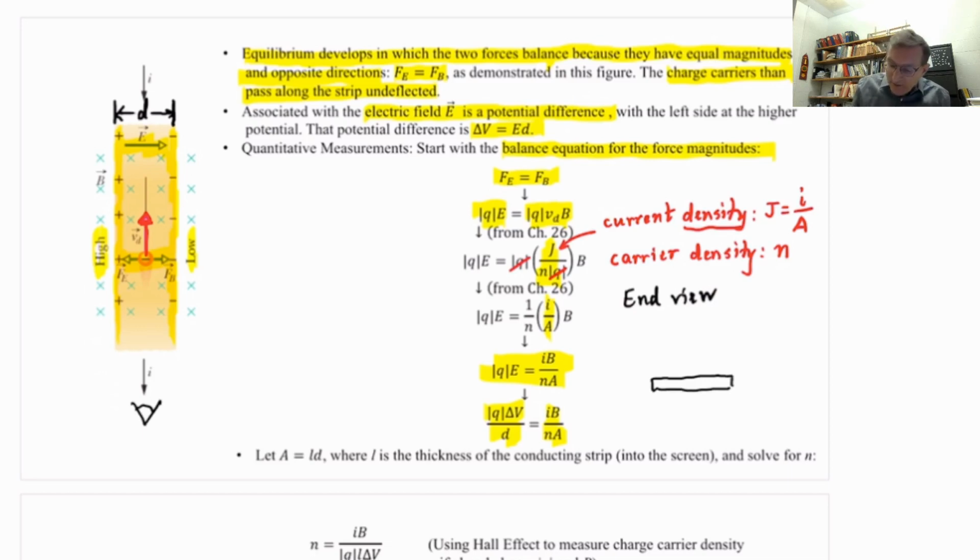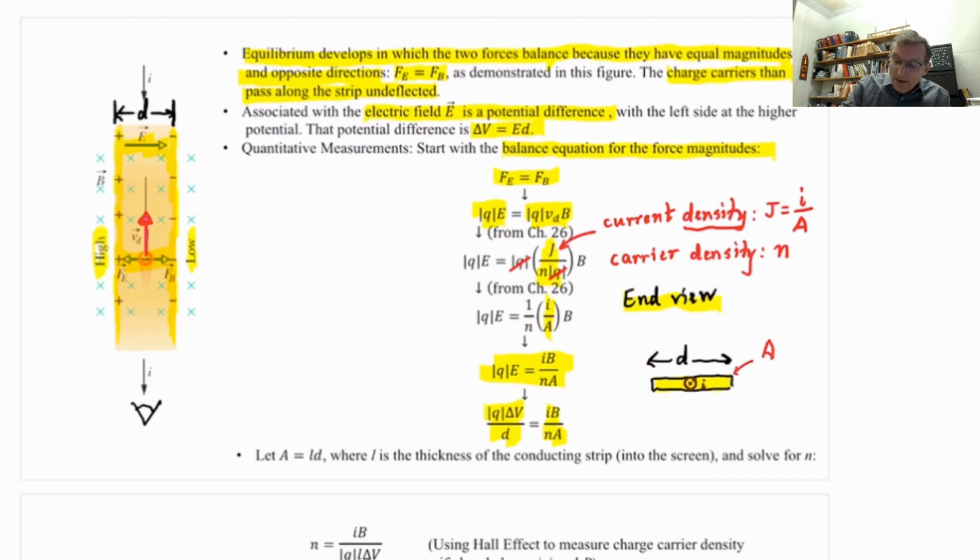Then I see this end view I'm drawing over here on the right, where this distance is what I've been calling the width, D. Okay, now the current is coming straight out towards us, right through here, I, the conventional current. And it's all throughout that area, right there. So that's the area A we're talking about.